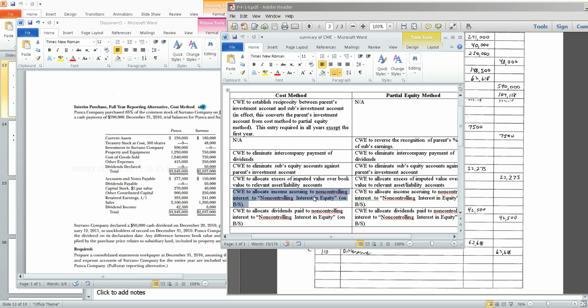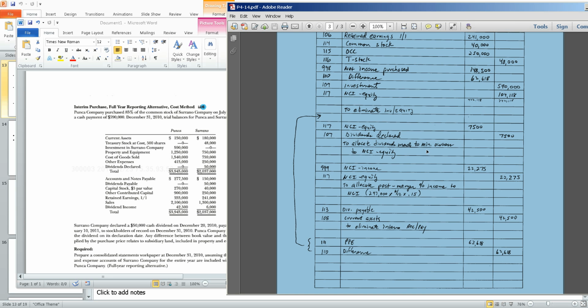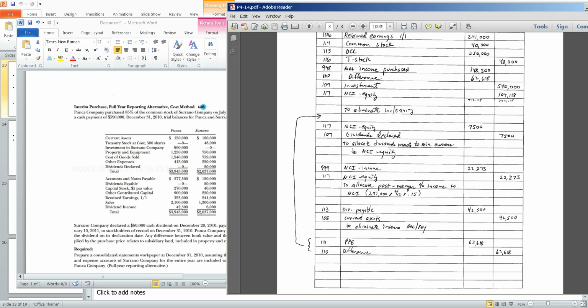So what we have to do is calculate the earnings of the sub that arose after the acquisition date, multiply it times 15% because that's the interest that's owned by the non-controlling shareholders, and make the entry for that. So post-acquisition earnings, $148,500. That's calculated by taking the full earnings of the year and prorating it for 6/12 of the year, then multiplying that times 15%.